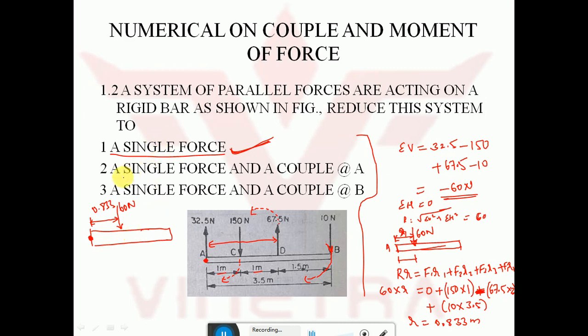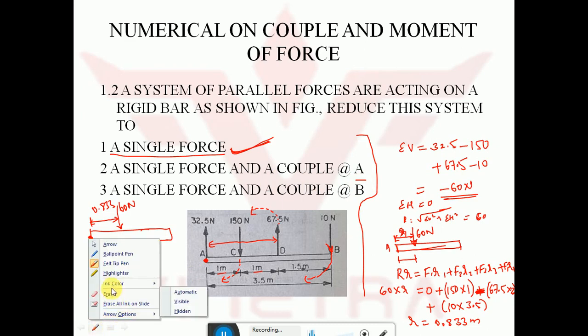So the second thing he is asking is a single force and a couple at A. Let me erase a few things.